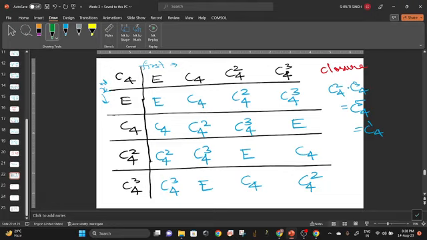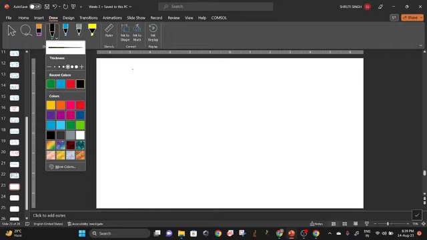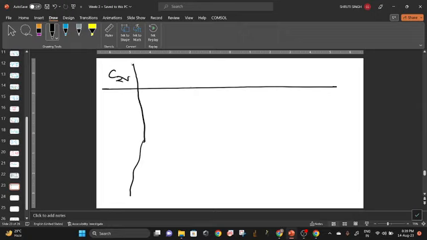Okay, now can we do this multiplication table for C2V also? E, what are the other elements? Let this be the molecular plane. I am writing this one as molecular plane.